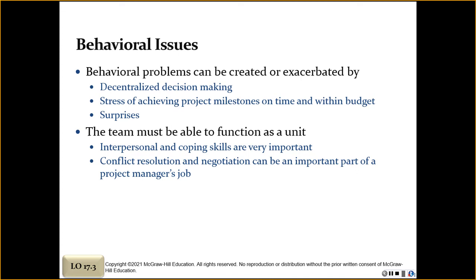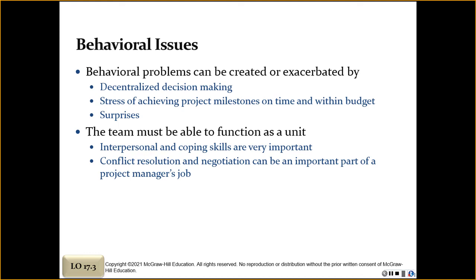So if your people aren't responding well or doing what they're supposed to do, the project's pretty much not going to be very successful. The behavioral issues can interfere with the success of a project if the project manager or the people inside of the project that are working on the project don't manage them carefully.